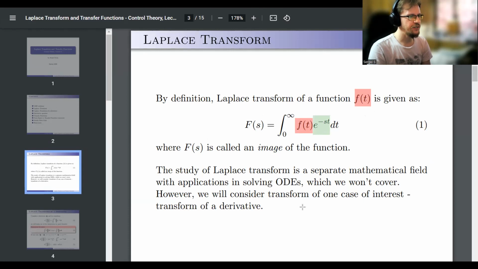The integration is done with respect to time. And you have this additional variable, which it turns out is a complex variable, but we don't have to worry about it too much. As a result, t goes away, and we have a new function of s. Okay, this variable we call the Laplace variable. So this new function F is a function of the Laplace variable.